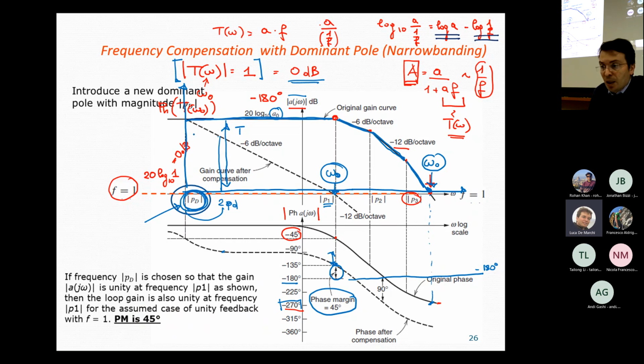So when we double the frequency, we have a reduction by a factor of 2 in the amplitude. Similarly, minus 20 dB per decade means that if we increase by 10 times the frequency, we decrease by 10 times the gain.